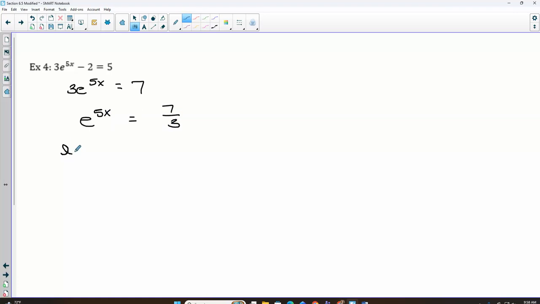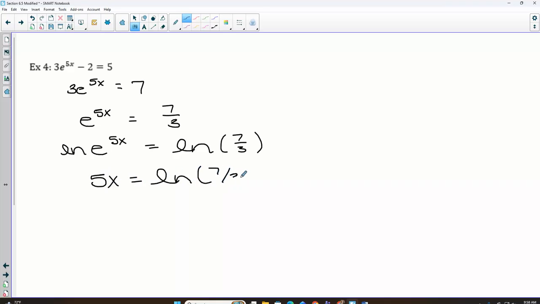So then we add our log to each side. Because I have e, I'm going to choose natural log. What happens when you have a natural log of an e? That cancels, so you could just say 5x equals natural log of 7/3. And divide by 5.